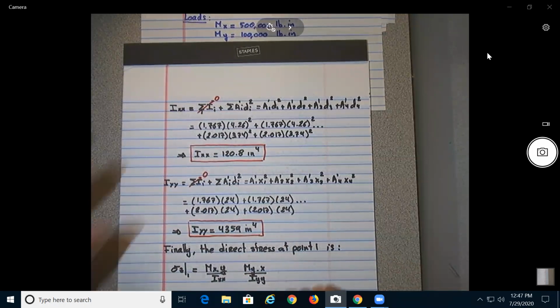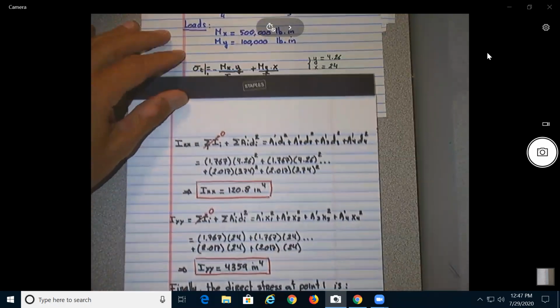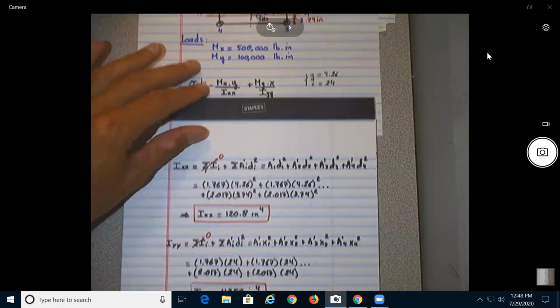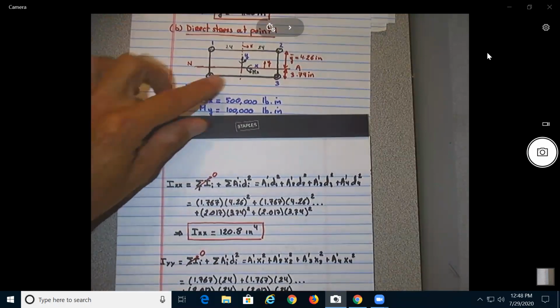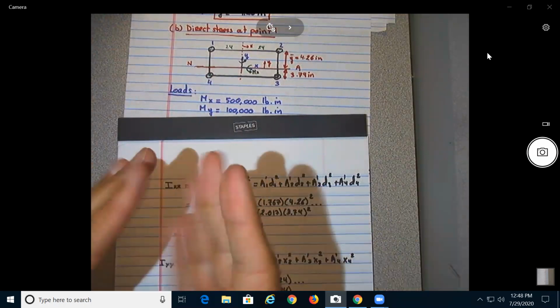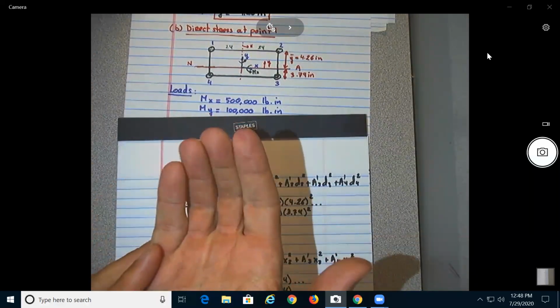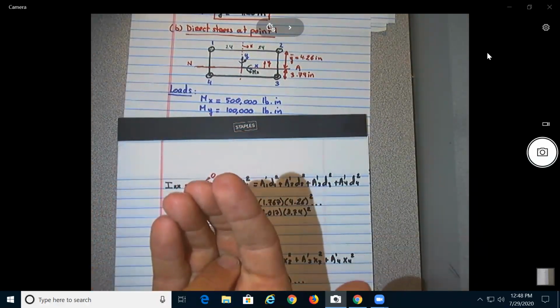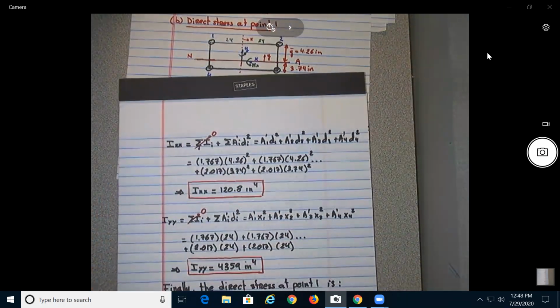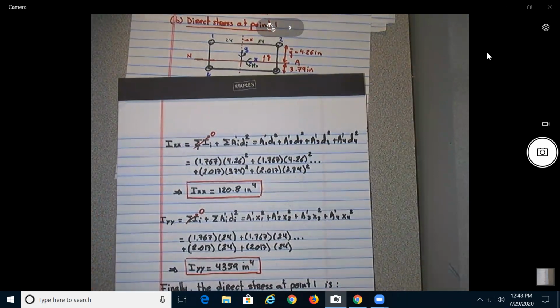Okay, so let's rethink this stuff over here. So I look at the two equations. So let's look at the cross section. If the moment here is positive, that means that this is going to bend this way, no? So it means the top will be in compression. So if in compression, this should be negative. So this term will be here in compression, so it should be negative.